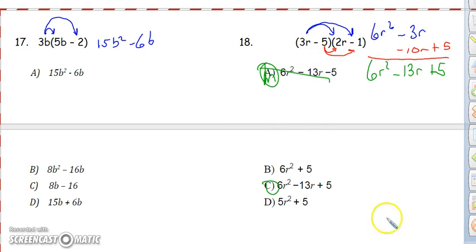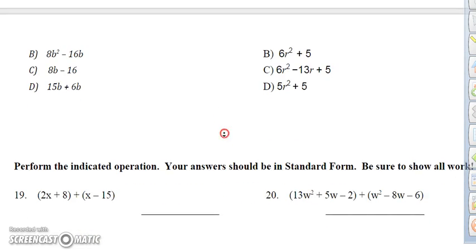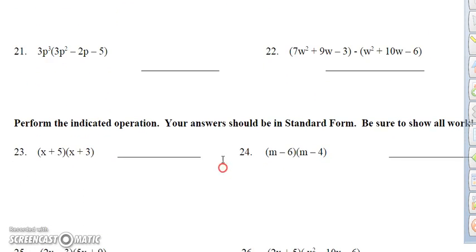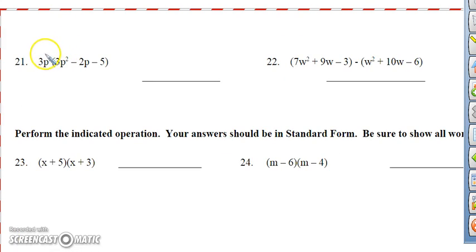Apologize about that. All right. There's only one more I really want to hit on, and that's 21. So make a little note here. When you distribute this into a trinomial, 3p cubed times 3p squared, 3 times 3 is 9.